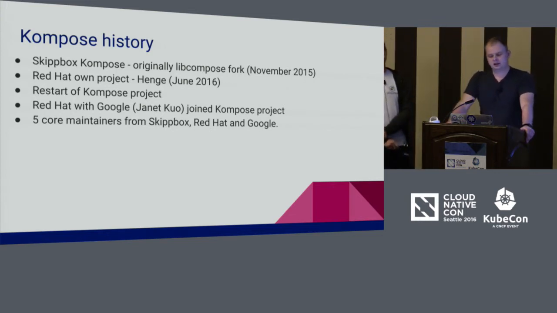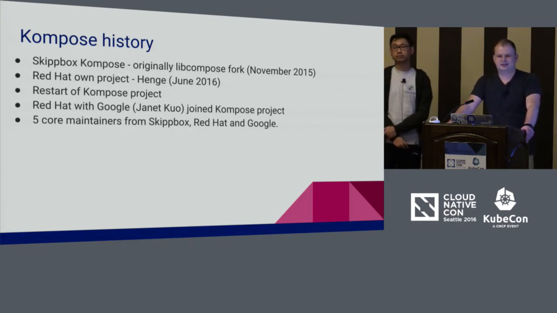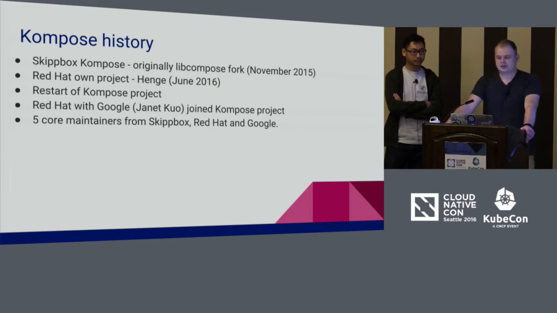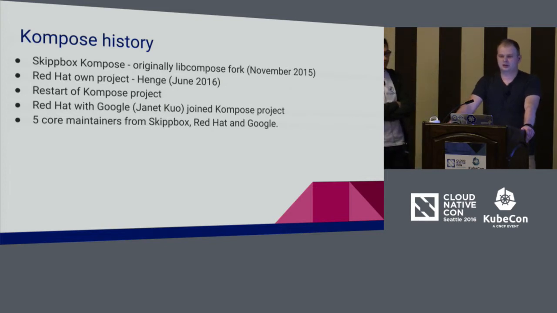And we at Red Hat wanted to create a similar project, and we didn't really like that it was a fork of libcompose, so we started our own project. At that time, we called it Henge. And soon after we started this, we found out that Skippbox had started this project too. And this time it was a clear restart. It was no longer a libcompose fork.